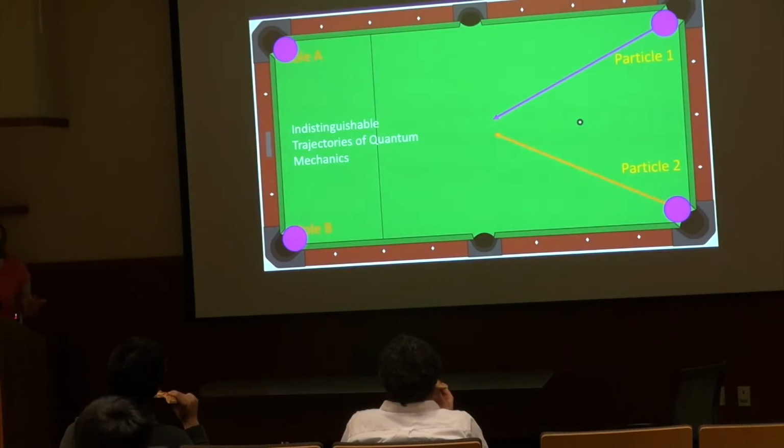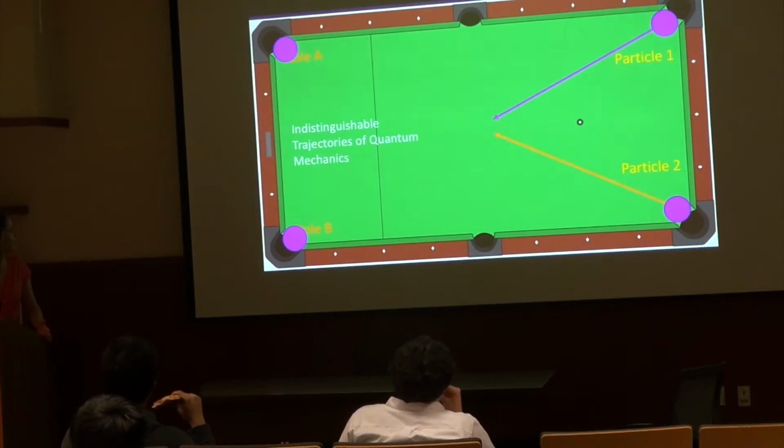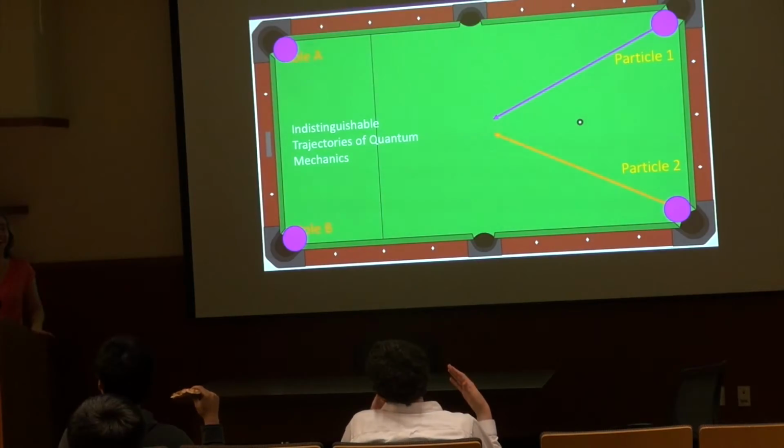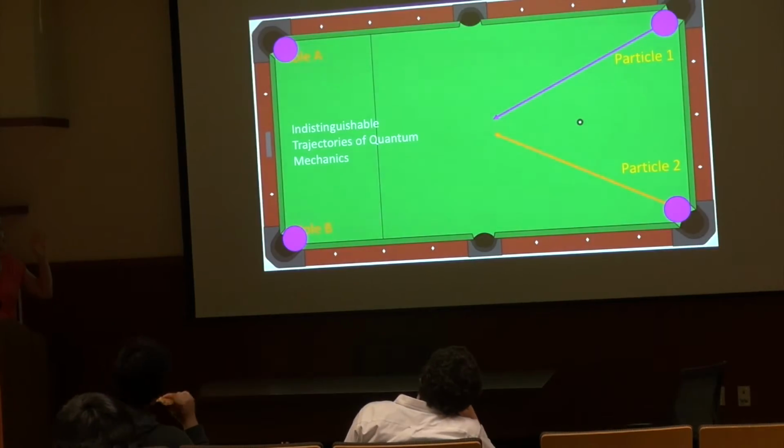If we're looking at a quantum state, we would see the outcomes. We'd say that one particle is in hole A and the other is in hole B. But do we know which particle got there? Which particle got in hole A?